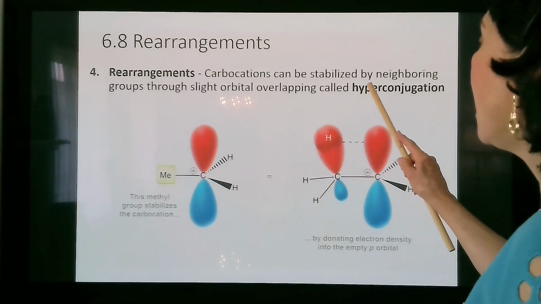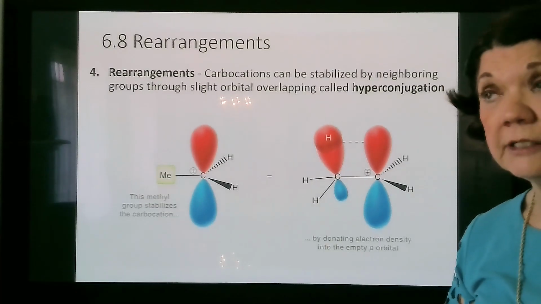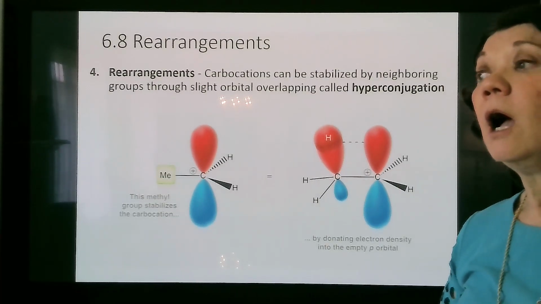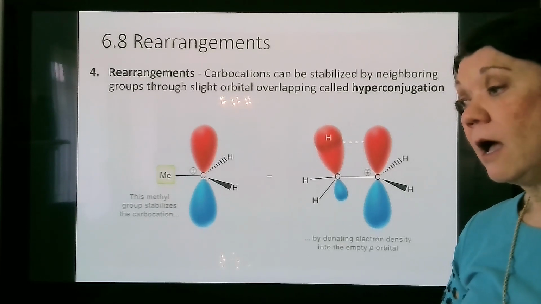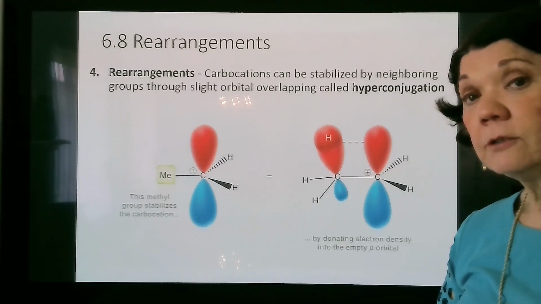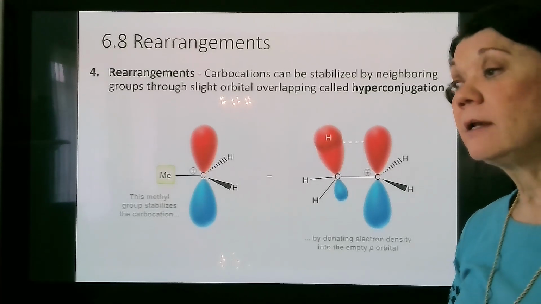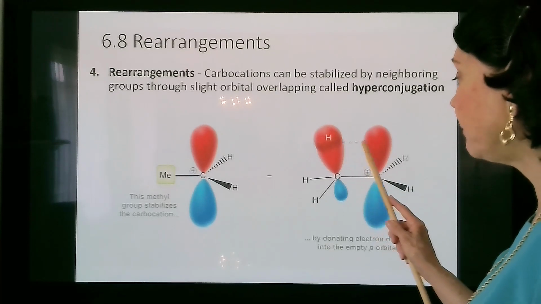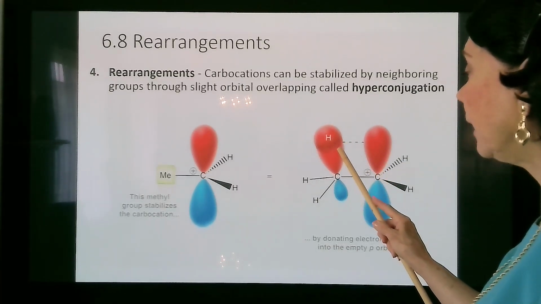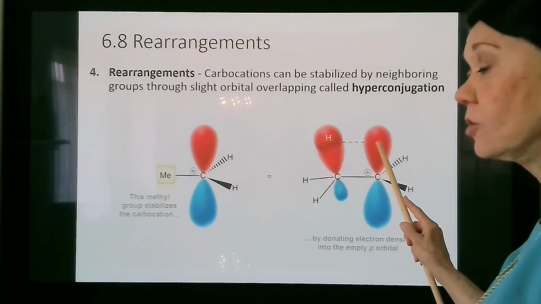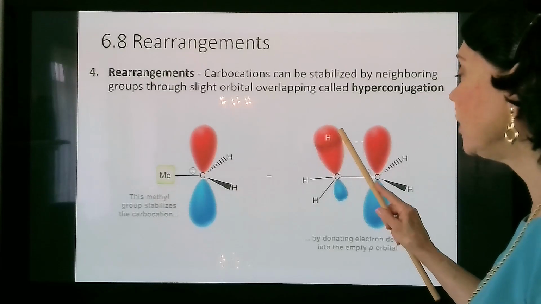And this is called hyperconjugation. You remember what conjugation is. Conjugation is the overlapping of pi bonds that are next to each other. And so you see that here, that's what's happening, the pi system is overlapping, and here the pi, quote, system is just an empty p orbital, overlapping with this CH bond.